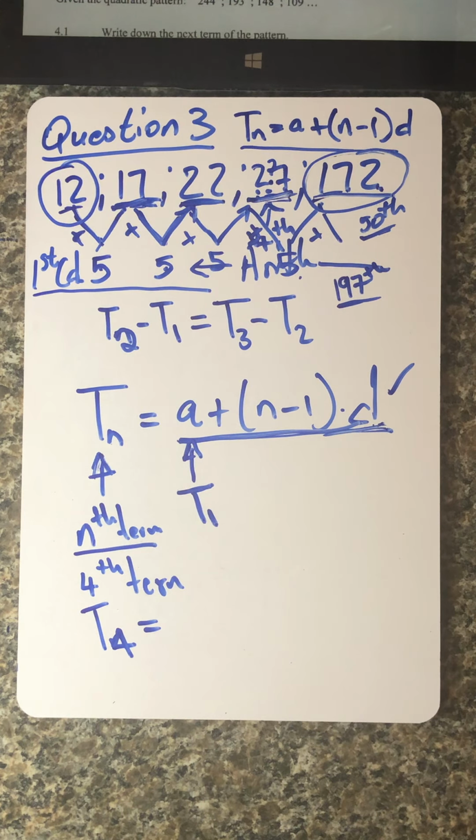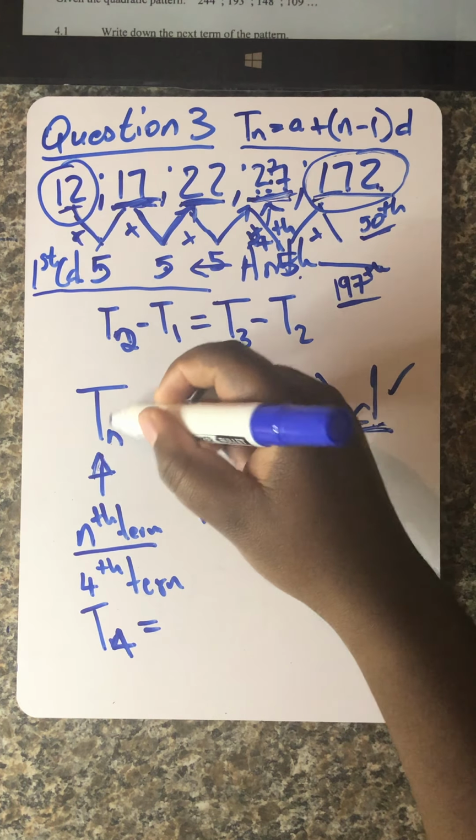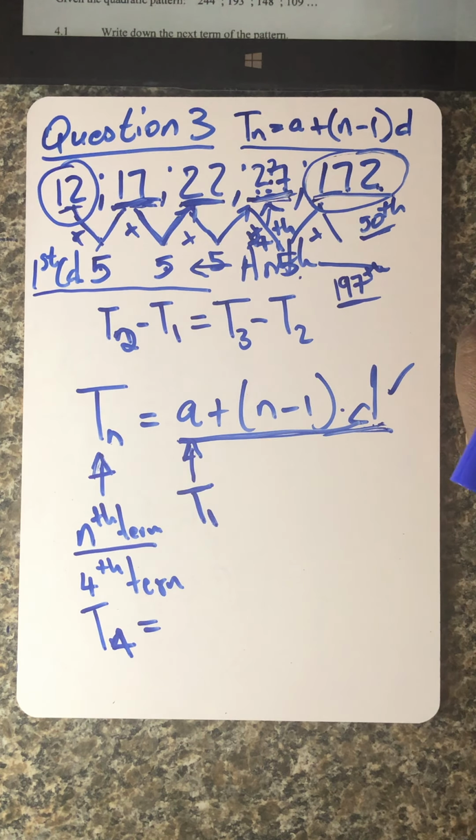Guys, this chapter, especially when it comes to the nth term and these numbers, it could be confusing. I know when I tried to study this chapter on my own, I had a lot of confusion. But after some time, after I'd done a lot of examples in the textbooks, I then noticed the differences and the similarities.